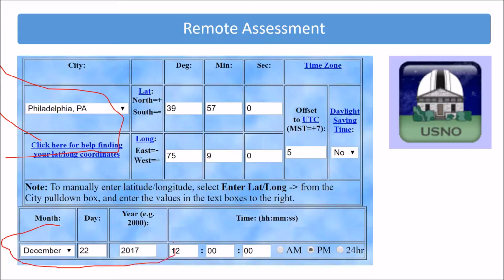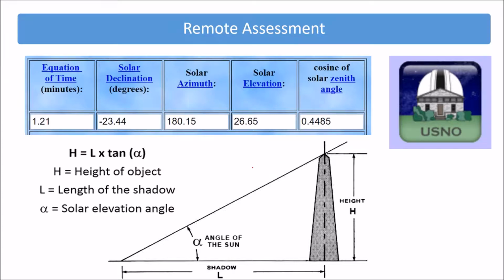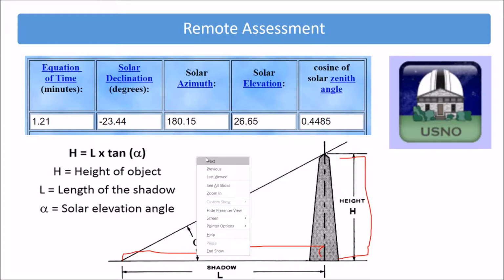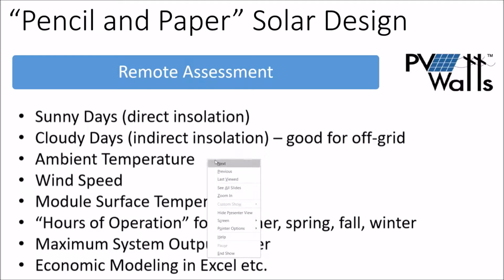So here we're exploring winter solstice, and it'll give you a breakout of where the sun is every single day on winter solstice. And if we know the length of the shadow, we know the height of the object. If we know the azimuth of the sun, we know what direction that shadow is hanging off on.